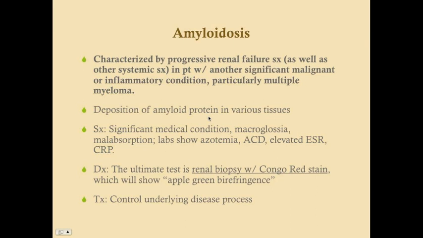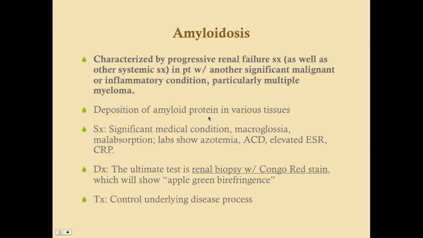So amyloidosis, the way we diagnose this is with renal biopsy. But what we have to do here is we have to get a special stain, and that's called a Congo red stain. And you probably remember this from USMLE Step 1. That Congo red stain with amyloidosis will have the apple green birefringence. And most of the time on the USMLE Step 2 or 3, they'll just throw a similar question at you.